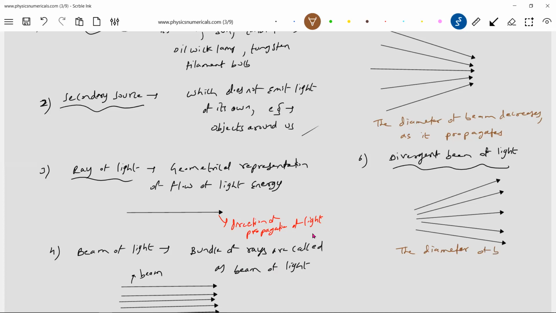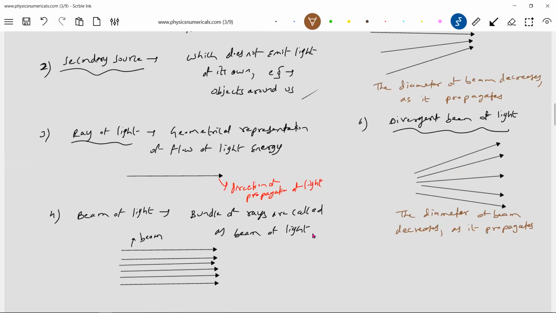The diameter of the beam increases as light propagates. So this is called a divergent beam.